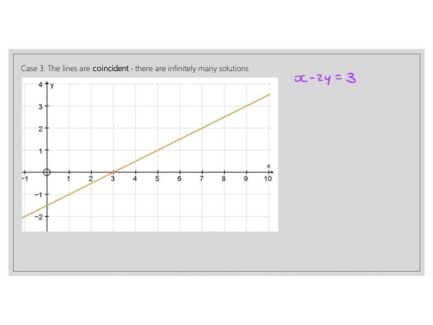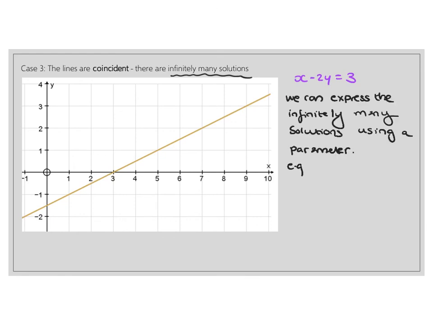Just to finish off, I'm going to revisit the third case that we looked at briefly, because we know that there are infinitely many solutions, and there is sometimes a format in which we might give the solutions using a parameter which I might call lambda or t or some other value.